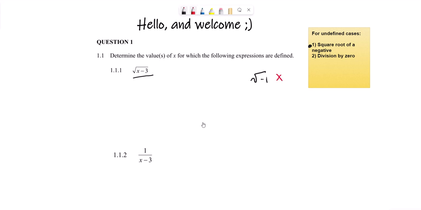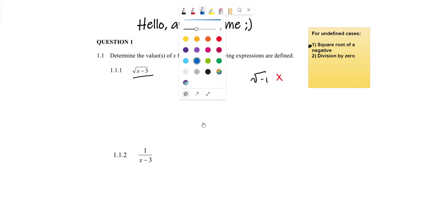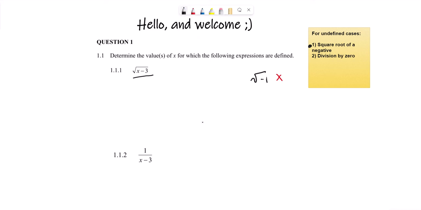So the number inside here must be greater than 0, but it can also be equal to 0, because the square root of 0 exists.